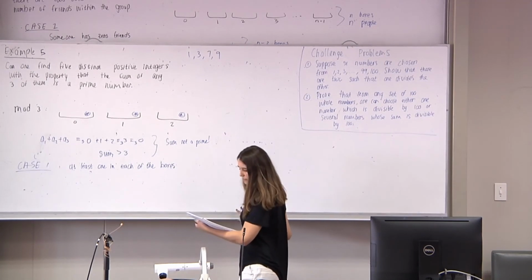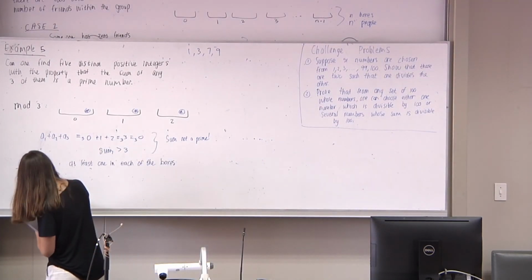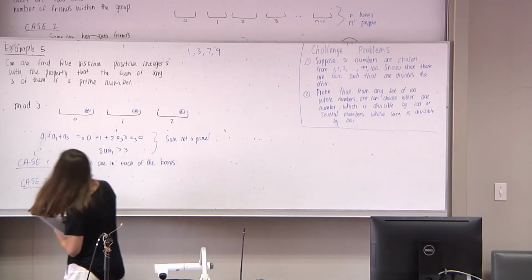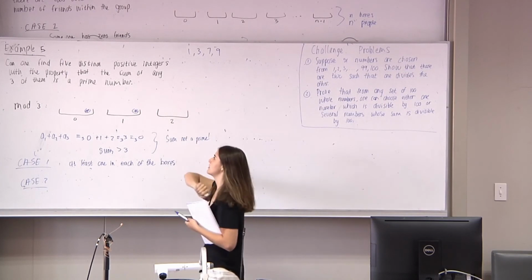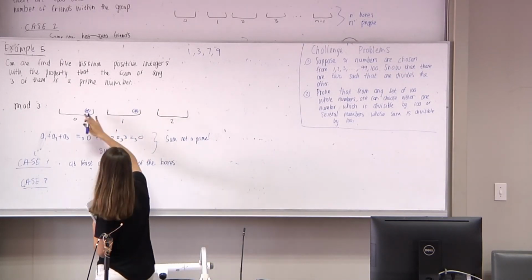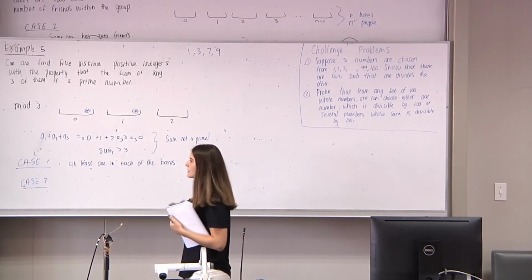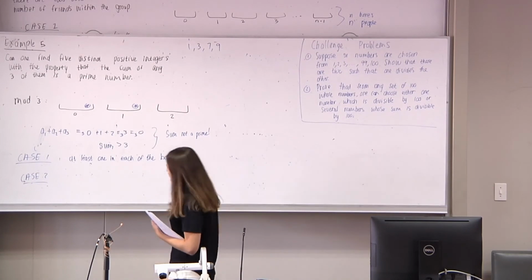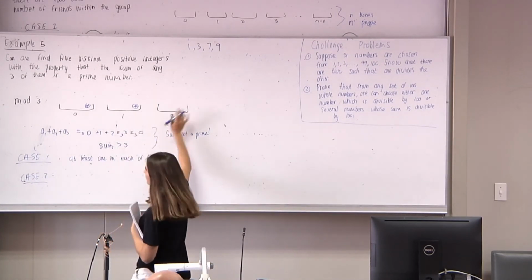Okay. Our second case would be, okay, so we're assuming there's not at least 1 in each of the boxes. So just for example, we're going to divide the other 3 numbers between those 2 boxes. All right? But by the pigeonhole principle, we're ignoring one of the boxes.